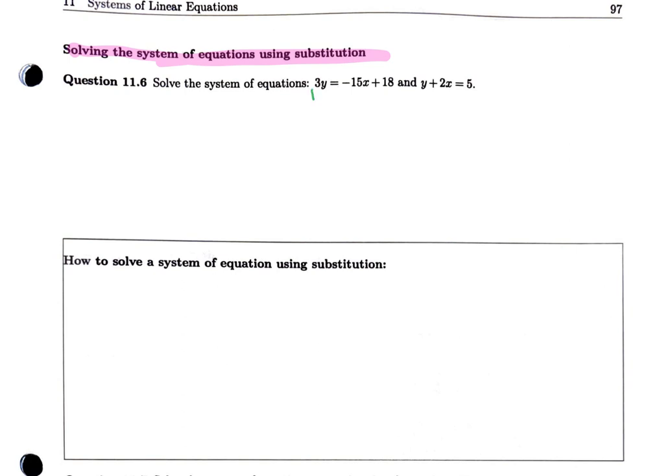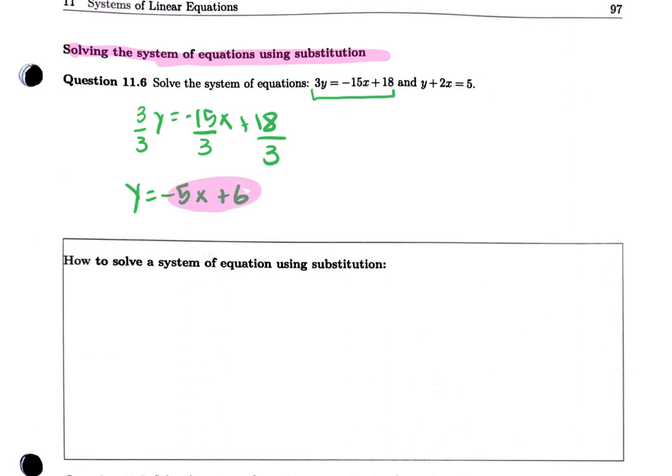So if I were to take this equation right here, and it says that I have 3y equals -15x plus 18, and I just solve for y here, I get y equals -5x plus 6.